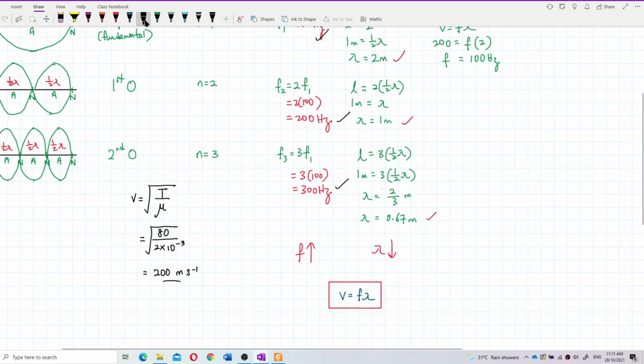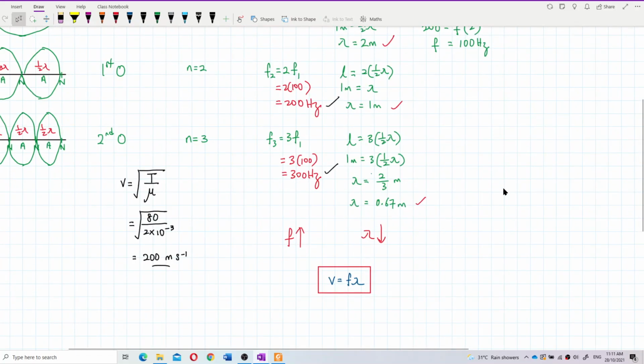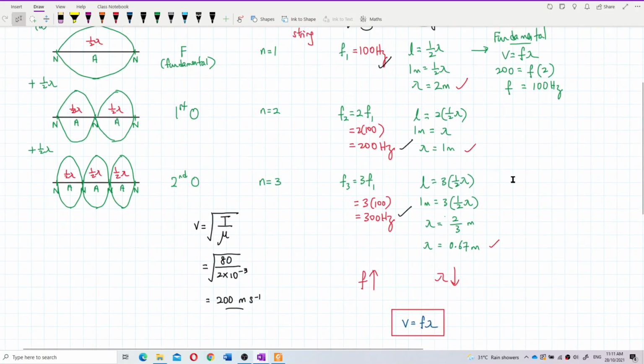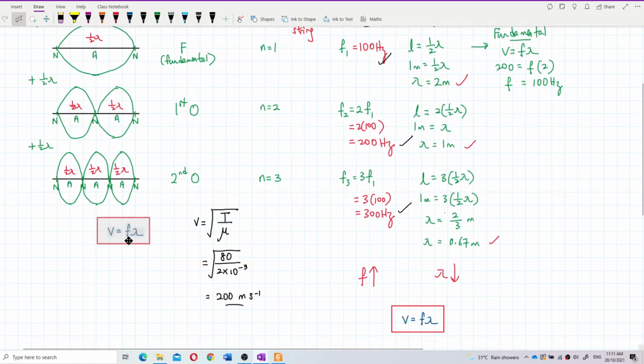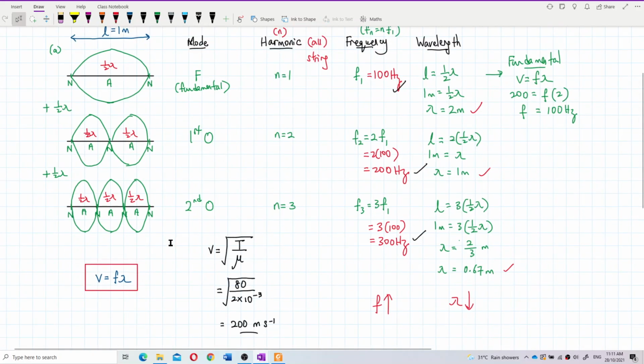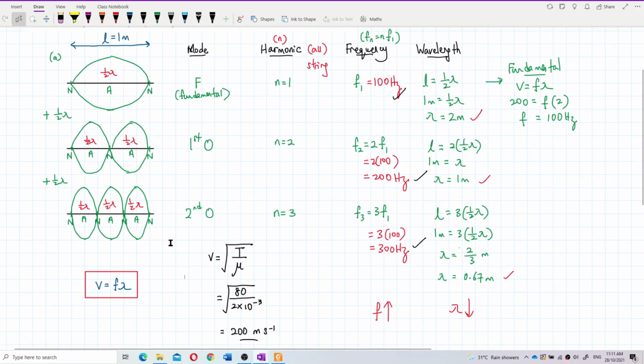The speed is constant, 200. The speed is constant for the string.